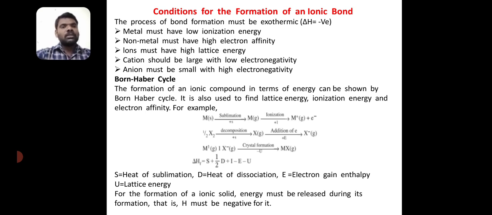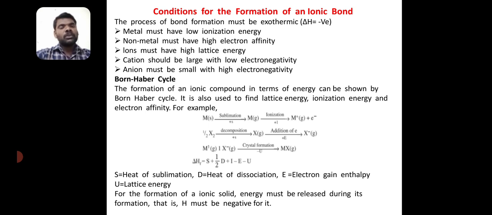Some important conditions for the formation of an ionic compound: the metal must have low ionization energy so it readily releases electrons, the non-metal must have high electron affinity so it readily accepts electrons, the ionic compound must have high lattice energy, and the cation should be large with low electronegativity, and the anion must be small with high electronegativity. These are the conditions for the formation of an ionic compound.